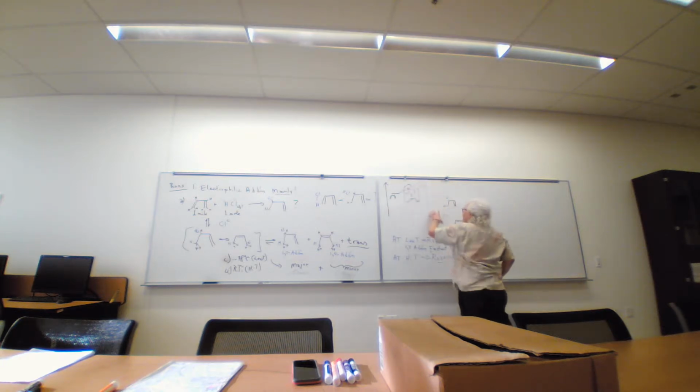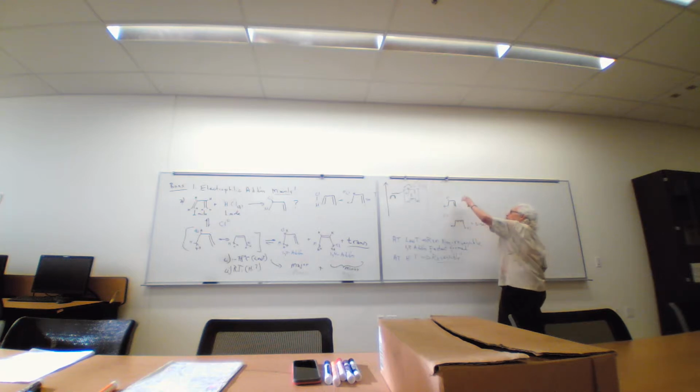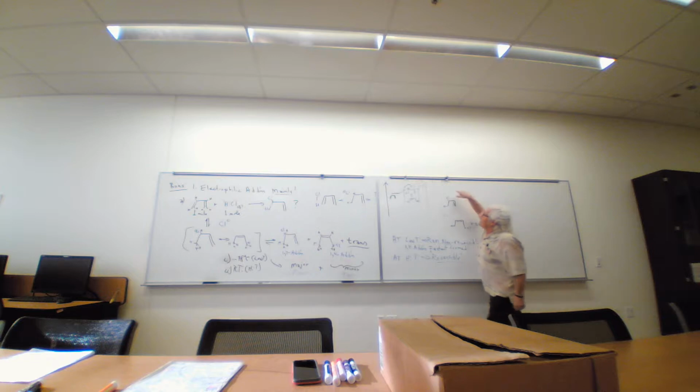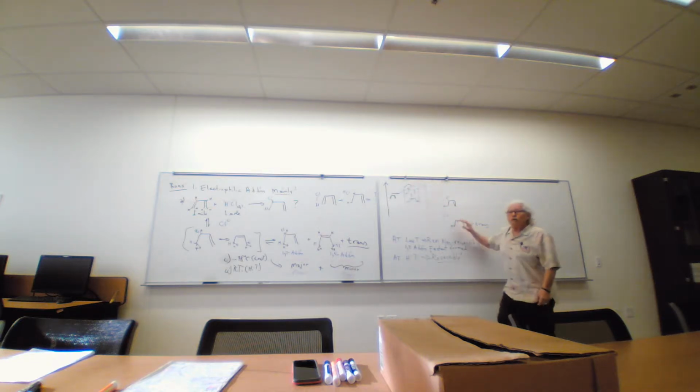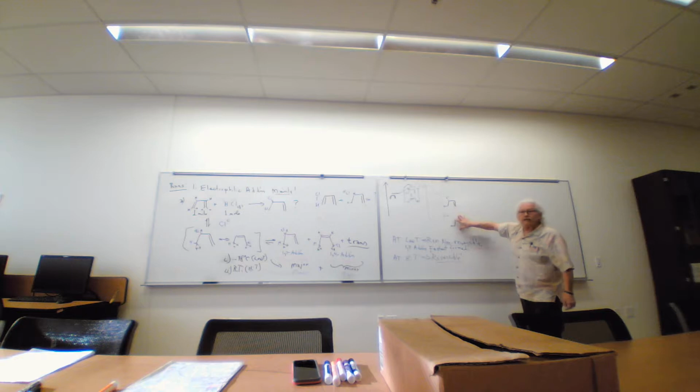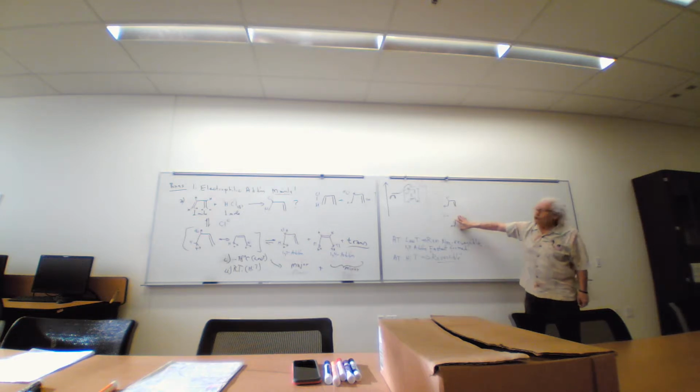But when it comes back, now there's going to be 8 of these and 2 of these. All 8 of these can go back. When these come down here, only 1 of the 2 can get back because the energy of activation is so much higher. So after a half hour, now I've got 7 of these and 3 of these. After 2 hours, I've got 1 of these and 9 of these.